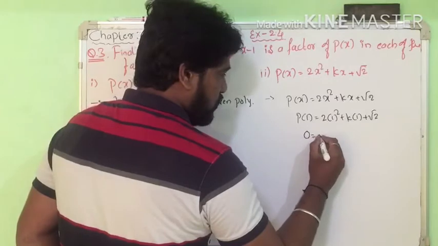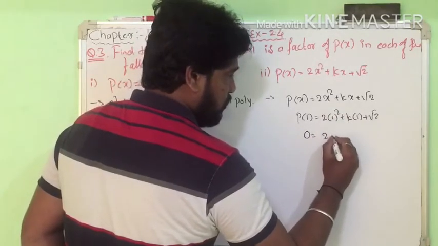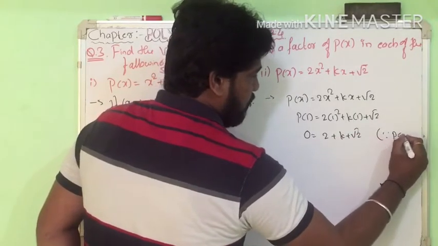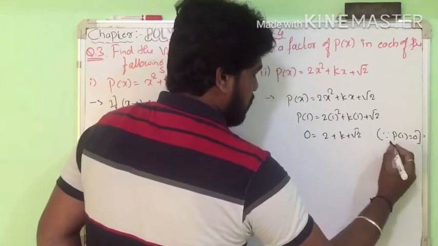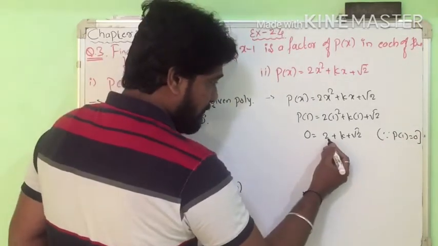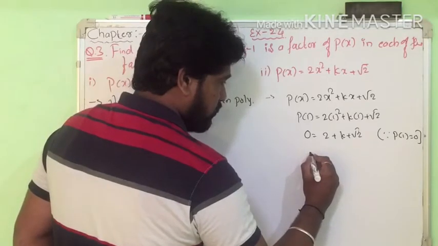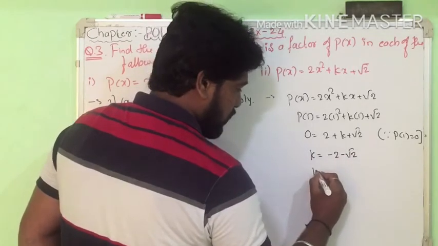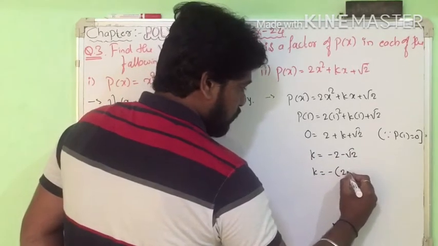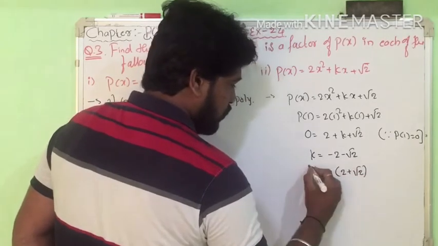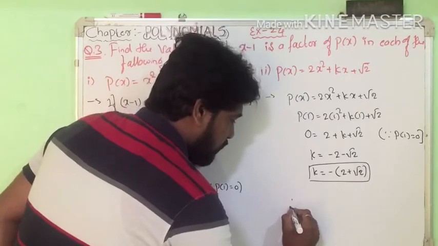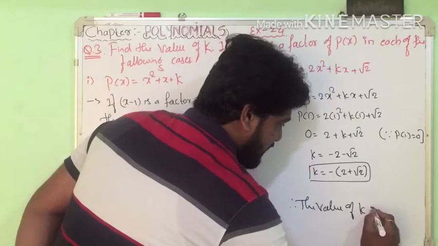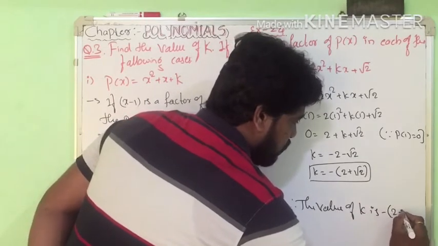So 0 is equal to 1 square is 1, 1 into 2 is 2, plus k plus root 2. Write down p of 1 is equal to 0 by the factor theorem. Then 2 comes to this side and becomes minus 2. Then k is equal to minus 2 minus root 2. Then k is equal to, taking common, minus of 2 plus root 2. Therefore, the value of k is minus 2 plus root 2.